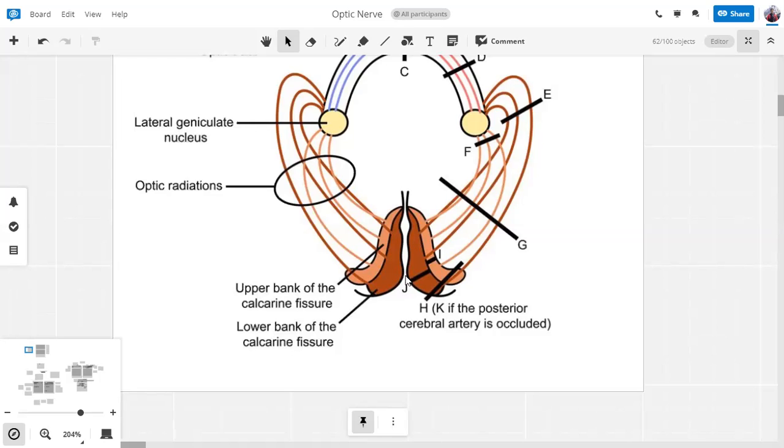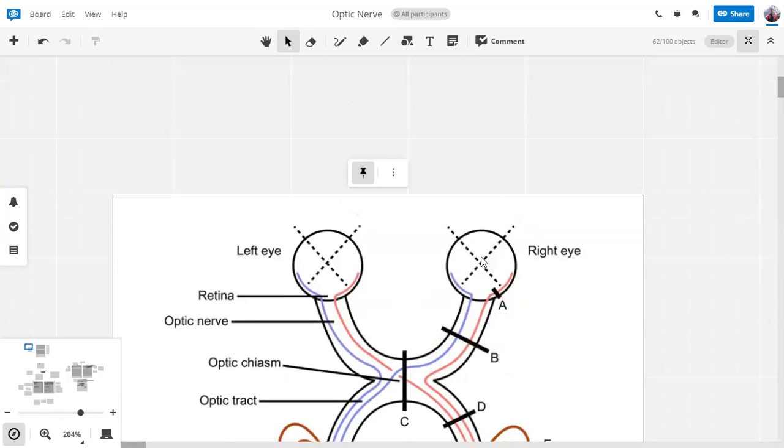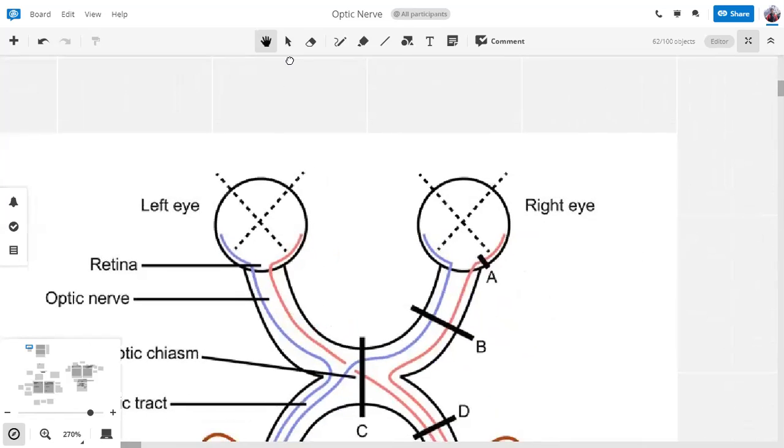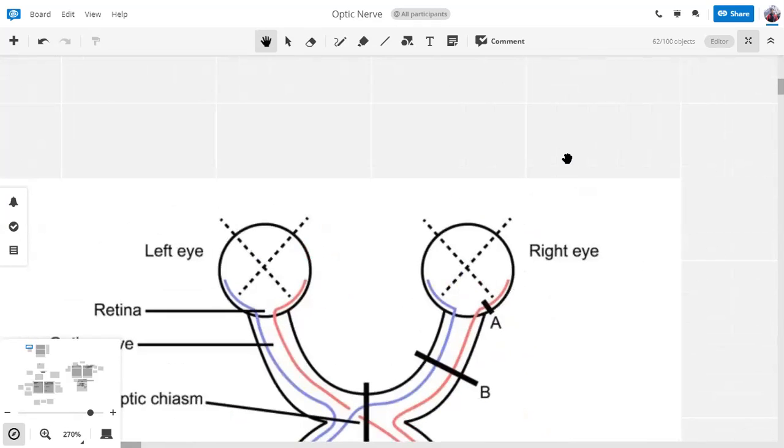So that was a little bit about the anatomy. It's pretty straightforward. But what the retina sees is not straightforward. If you look closely at this figure, you can see that the blue part in the right eye indicates the nasal part of the retina, and this nasal part of the retina receives light impulses from the temporal visual field, the lateral side of the external world we're perceiving.